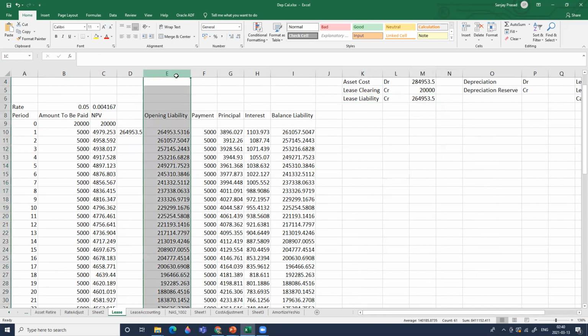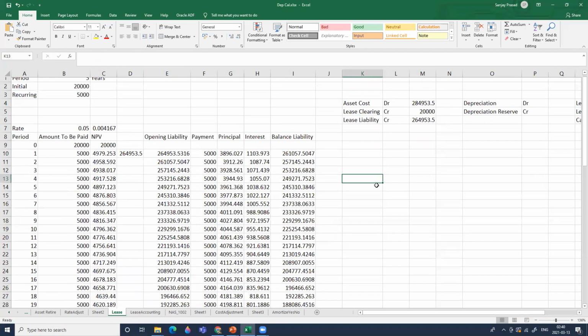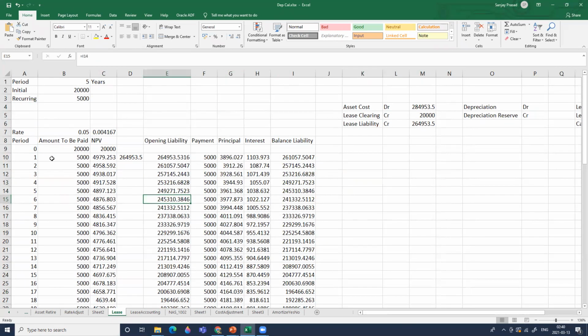And how is this going to happen? Now let us see this section of the Excel file. On the first month, as I just said, initially the asset liability was this, the same amount. After a month, we are going to pay 5,000 to the vendor. So this was the liability, and my cost of capital is this. Since this was the liability and the cost of capital is this, there must have been some interest amount generated, right?